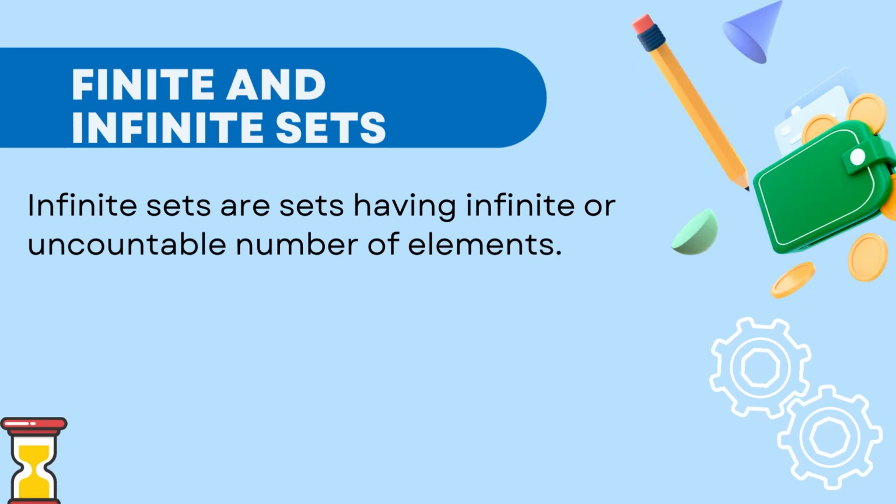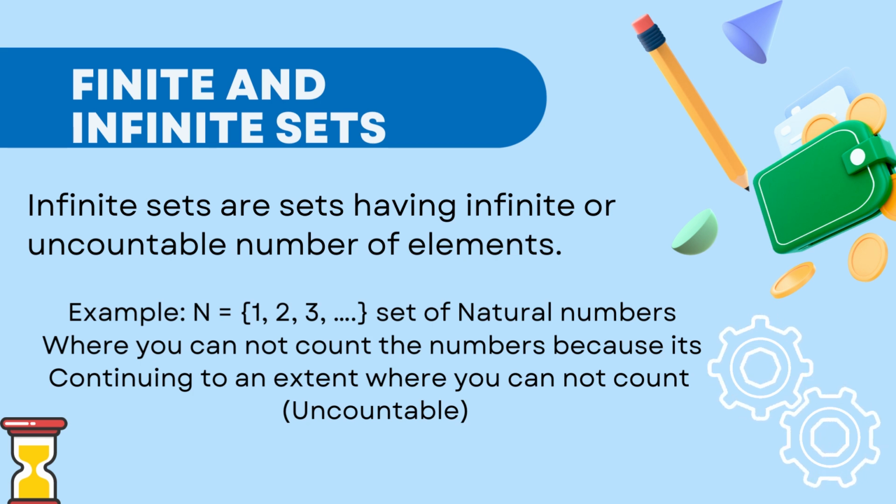Infinite sets are sets where you cannot count the number of elements. It's uncountable. Example, as we can see over here, set N is represented with the elements or members of the set 1, 2, 3, and as you can see, the dots represent that it's being carried on.